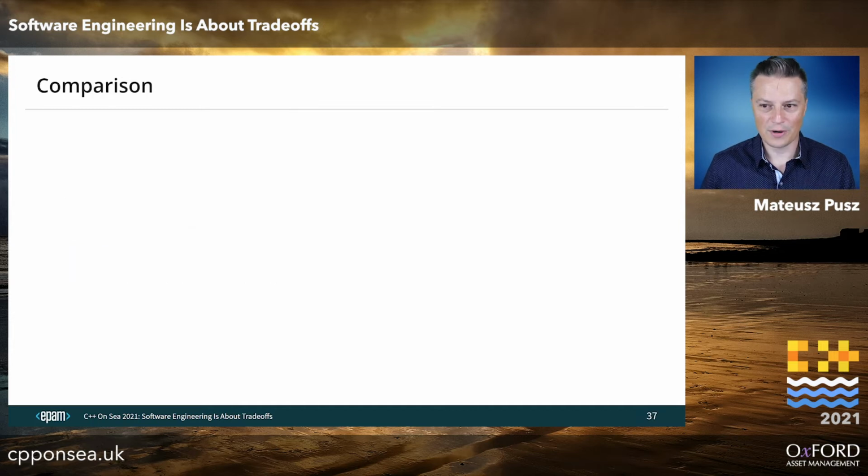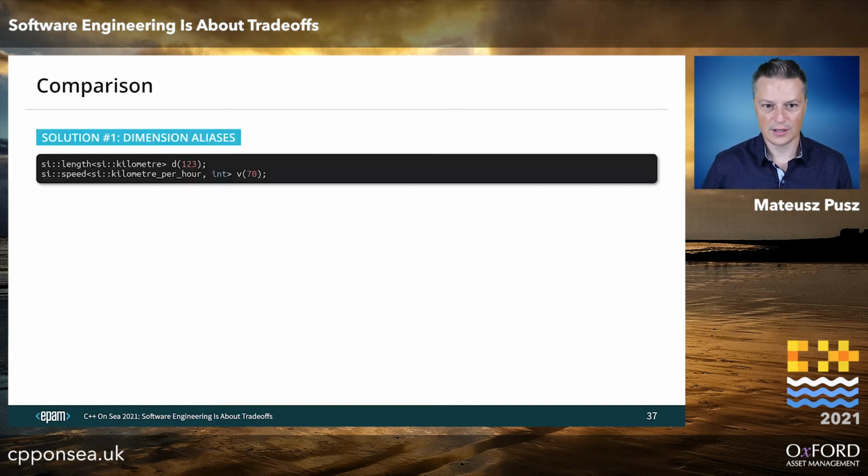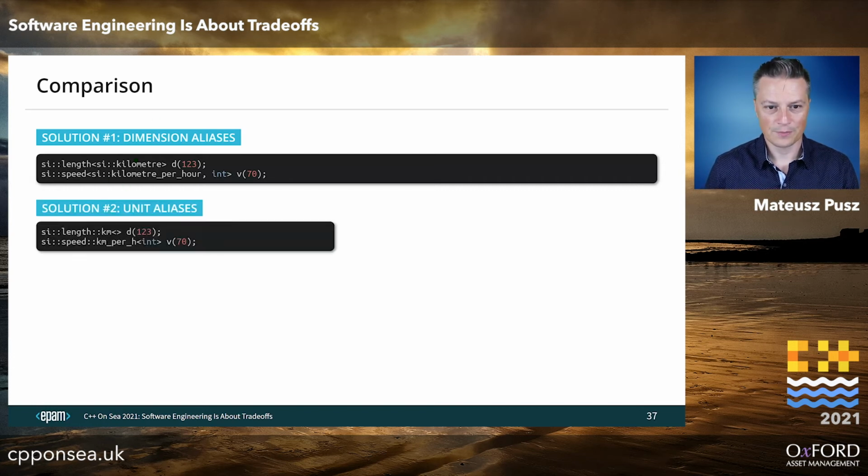So just to quickly compare how it looks and feels for each solution, and I'm starting the second poll for you. So solution number 1, dimension aliases. Looks like this one. Quite verbose, but small effort. Unit aliases.